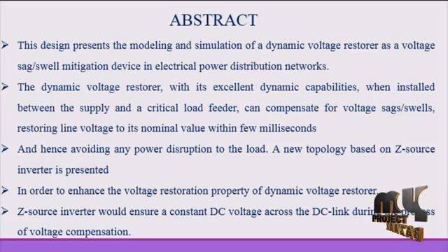The modeling of the isosource based dynamic voltage restorer is carried out component wise, and its performance is analyzed using MATLAB software. The simulation result shows that the control technique is very effective and yields excellent compensation for voltage sag and swell mitigation. This proposed implementation is done in the MATLAB simulating environment.